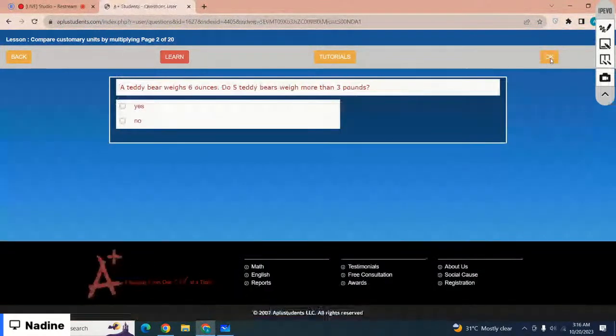Okay, the next one: a teddy bear weighs 6 ounces. Do 5 teddy bears weigh more than 3 pounds? So, which is the correct option?